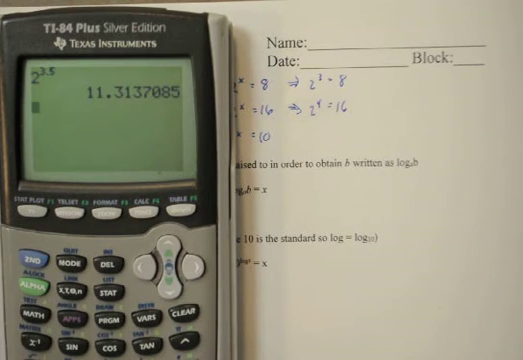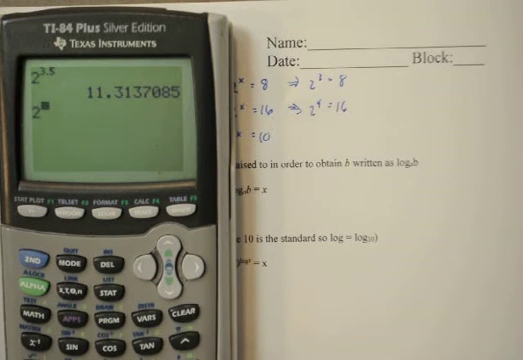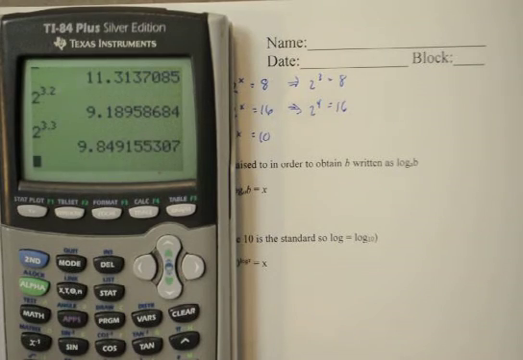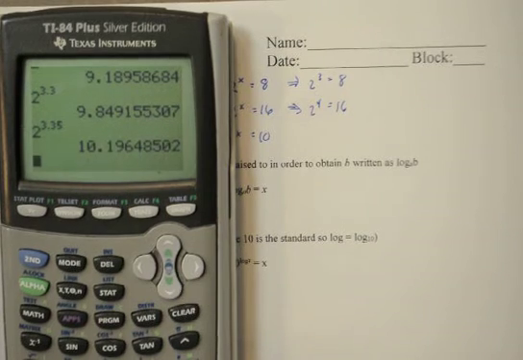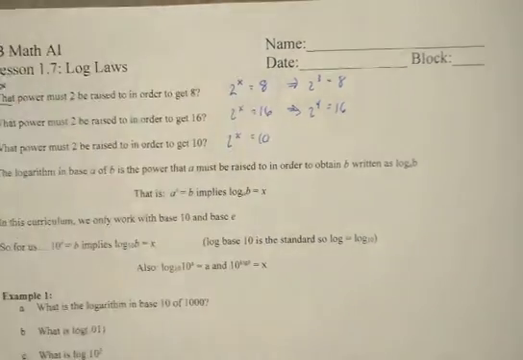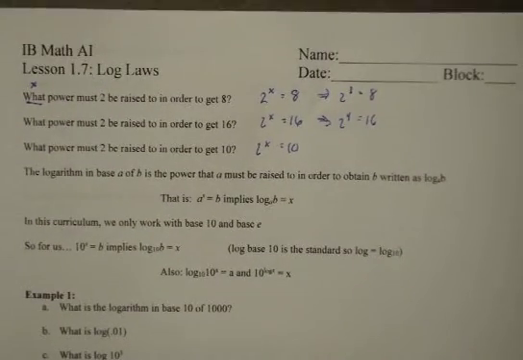That's too high. 2 to the 3.2, too low. And so you'd have to just keep narrowing this down, and it'd take a long time. Getting closer. Ooh, too high.